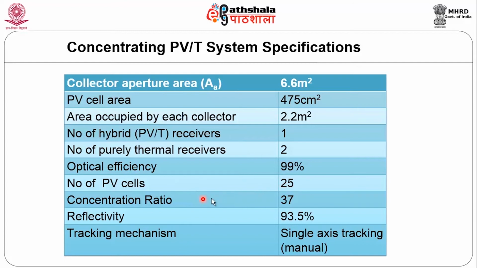We used about 25 PV cells, and the concentration ratio for the system is about 37, that is, the sun's effect is increased 37 times. Reflectivity is about 93.5%, and a tracking system is also adopted here, a single axis manual tracking system.